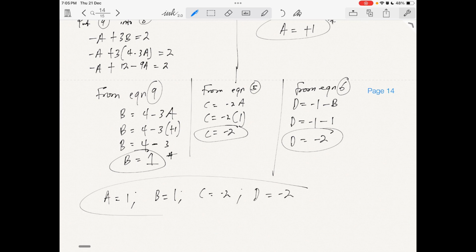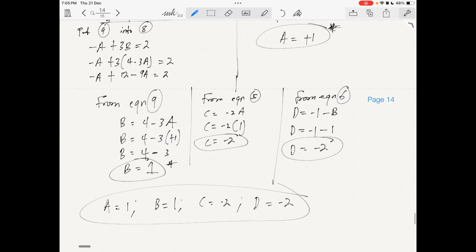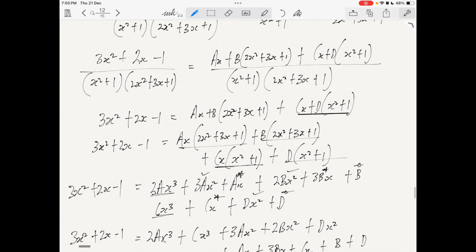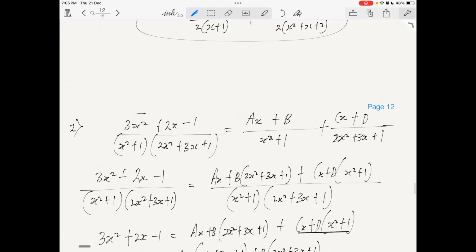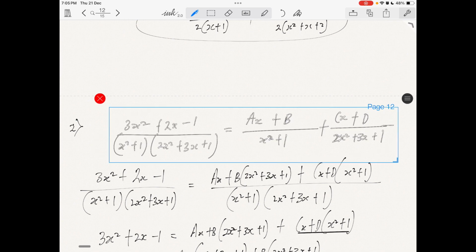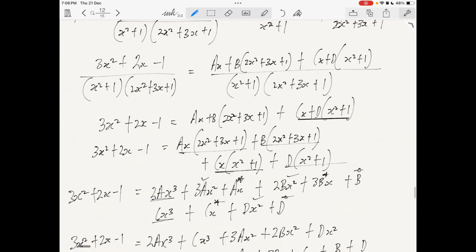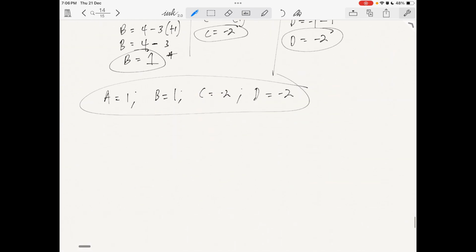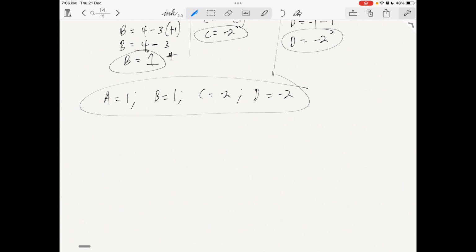So with this, we will now go back to the beginning, where we have all this. Where we have this, we'll substitute our values for a, b, c, and d. All right, without further ado, like people say, so we have our question.